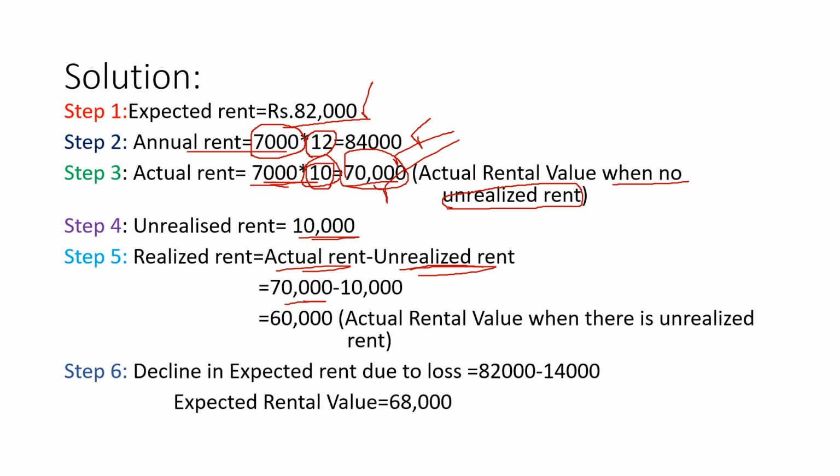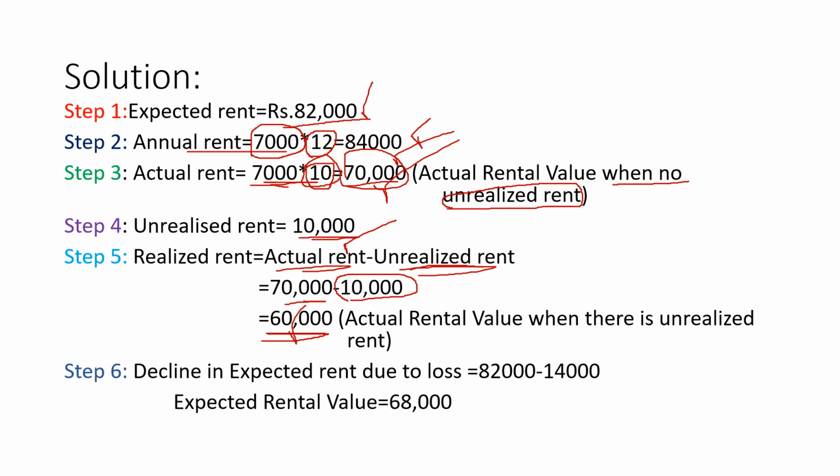So that one we will deduct from the actual rent. Then we will get actual realized rent. This is the one we have realized. So if there is an unrealized rent, that rent you need to deduct from the actual rent. Then you will get realized rent.